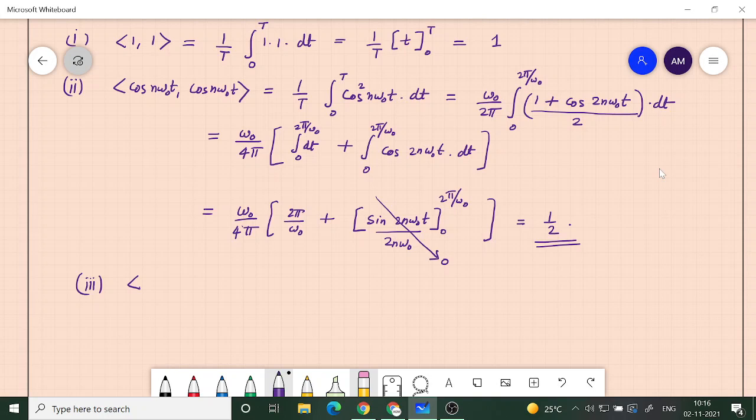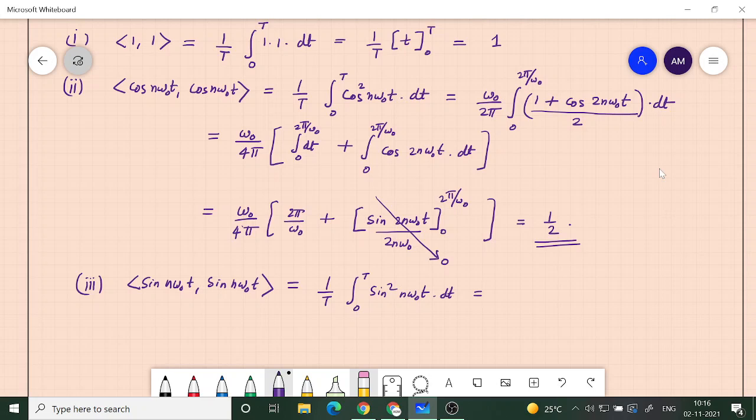Now similarly I can do sine n omega 0 t inner product with itself. So that will be 1 by T integral 0 to T sine square n omega 0 t dt.